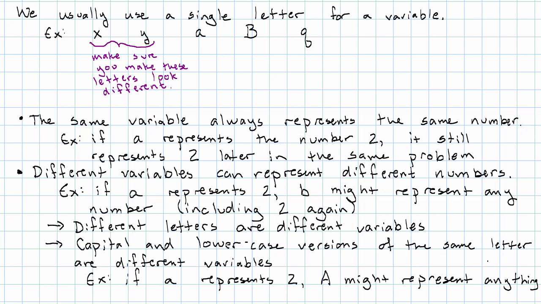Now, that's a little bit weird. Why on earth would we do that? In applied problems, we typically want the letter we choose for the variable to be related to the thing that it represents. And maybe sometimes we have two things in a problem that both start with an A.